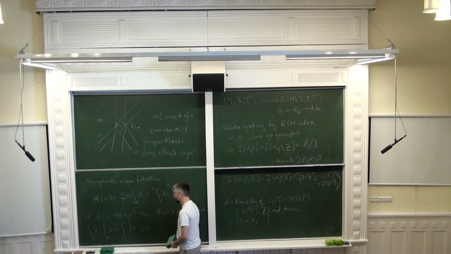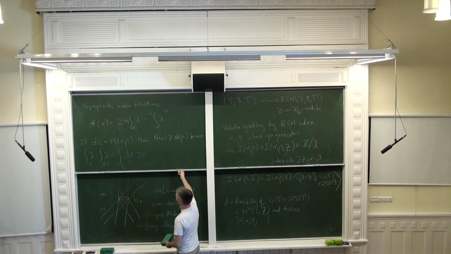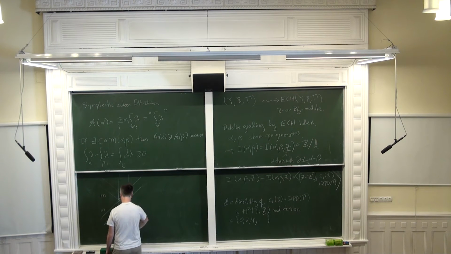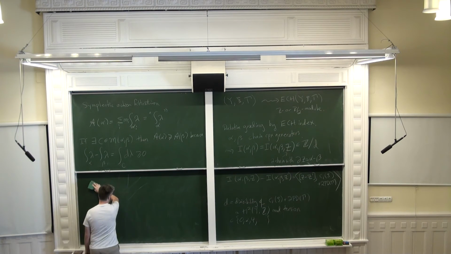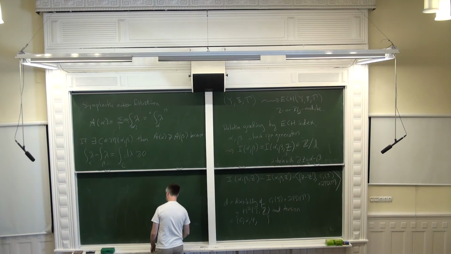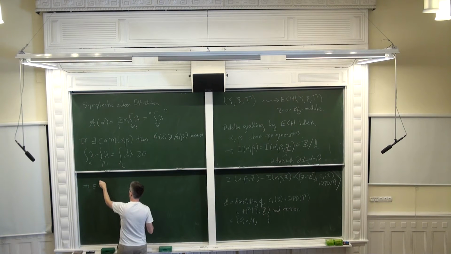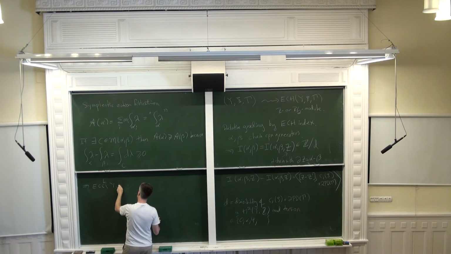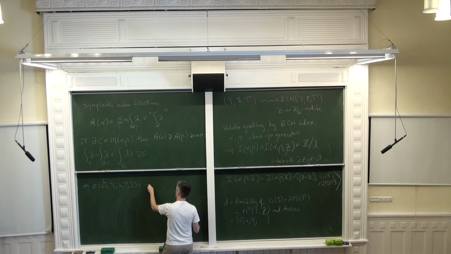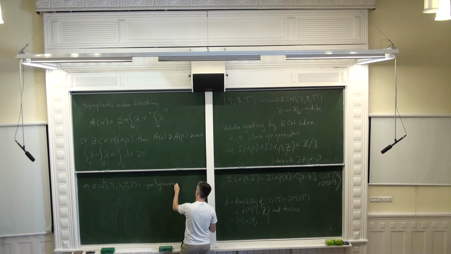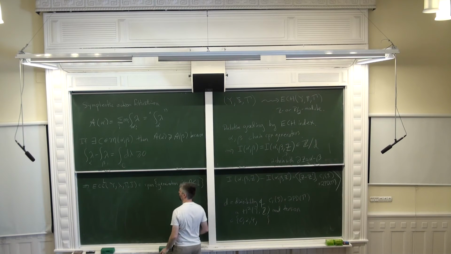So it follows that ECC^L of Y, lambda, gamma, the span of the generators with action less than L, is a subcomplex.